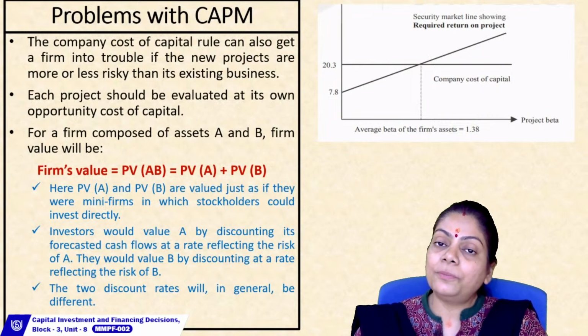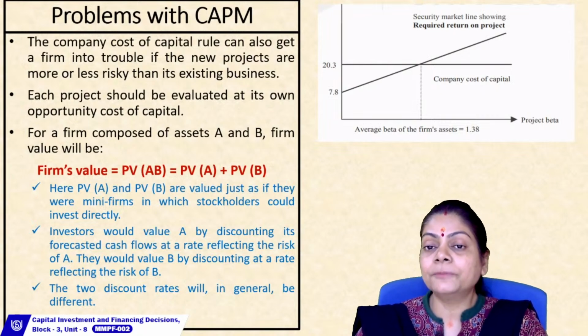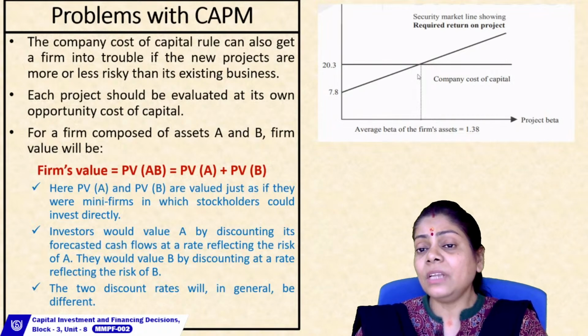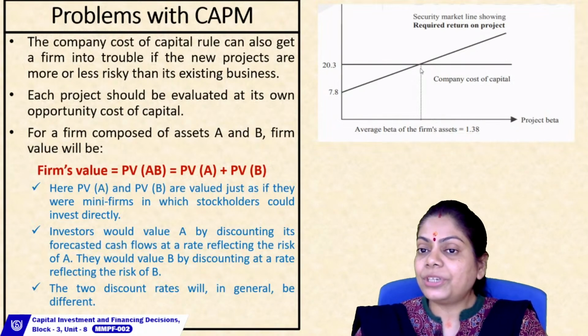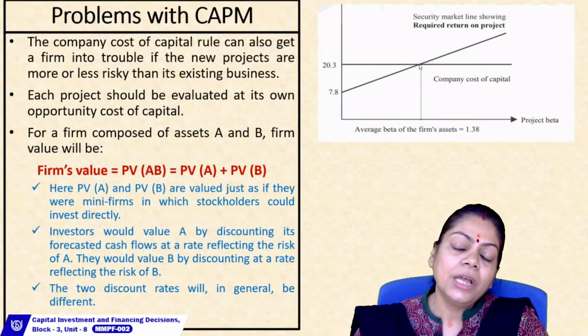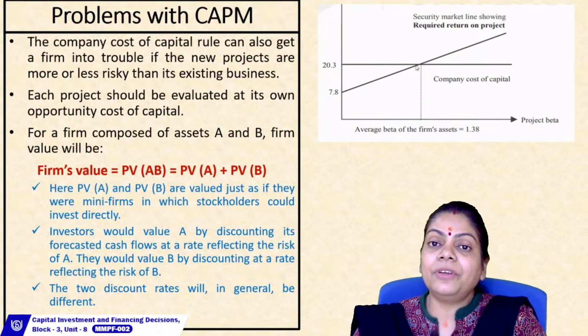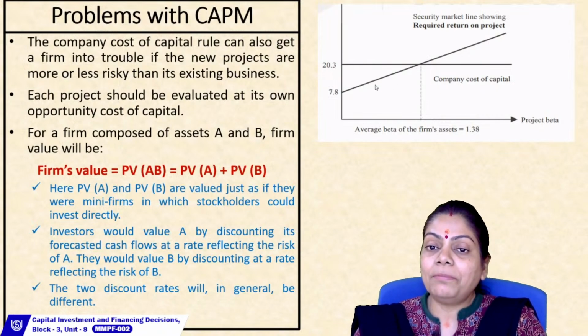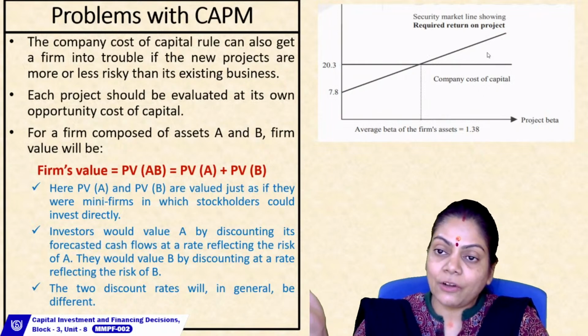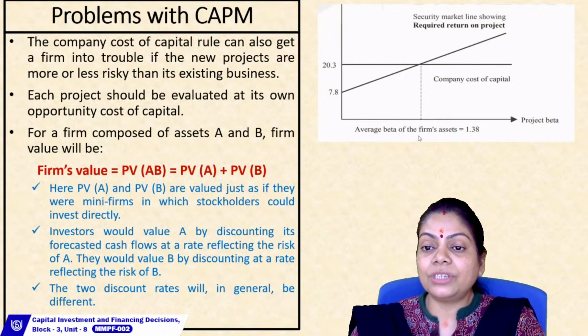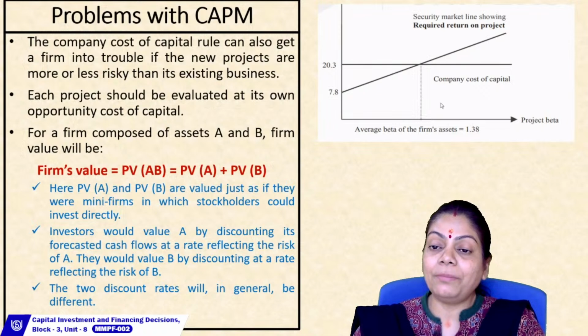Now assuming that both projects are of two different mini companies, A might have a beta of 1.38, so okay, 20.3 is fine, but B might have a beta of 1.5. A beta of 1.5 will be higher on the slanting line on the SML, whereas this point is for 1.38. You have to move up here, let us say to 1.5 beta.